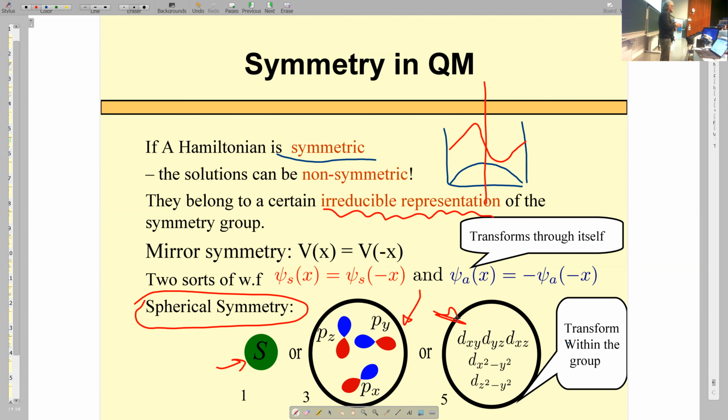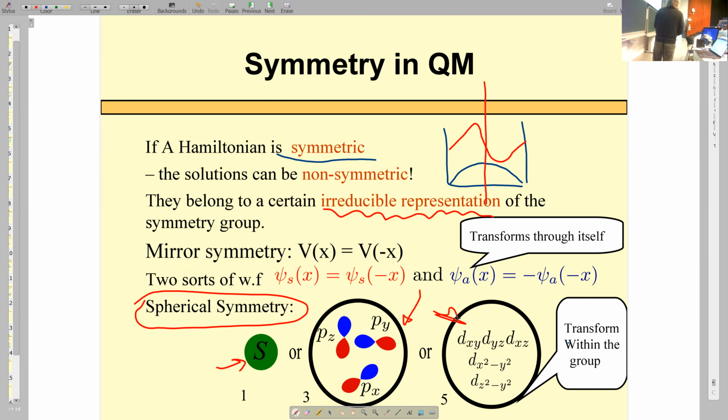So how can I formulate this in mathematical terms? There is a symmetry group of all rotations. It has irreducible representations given by this row: s, p, d, whatever. They correspond to quantized angular momentum, and there is also degeneracy associated with these levels.